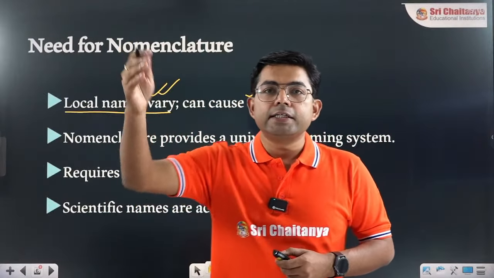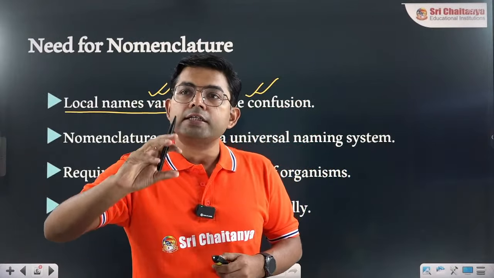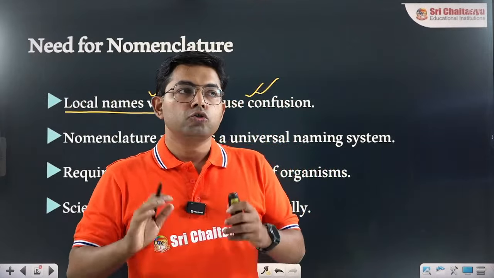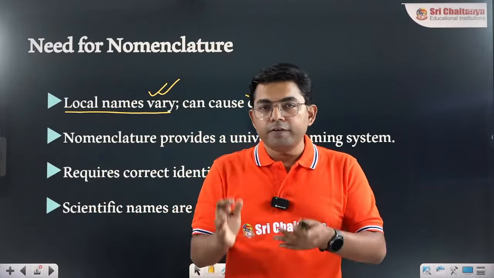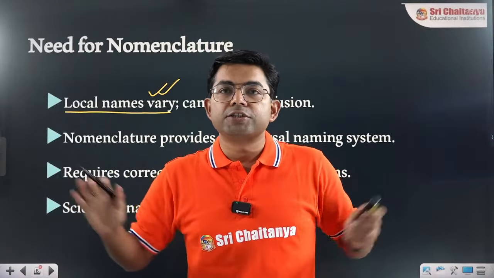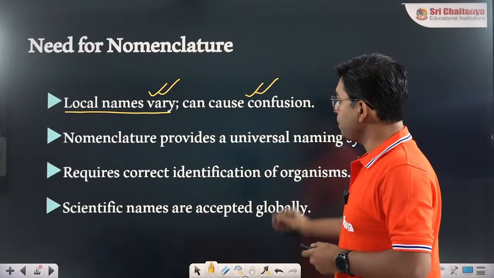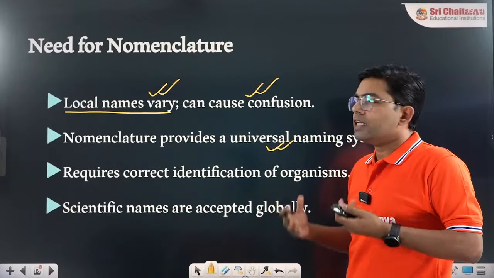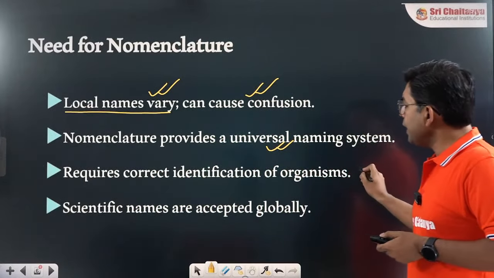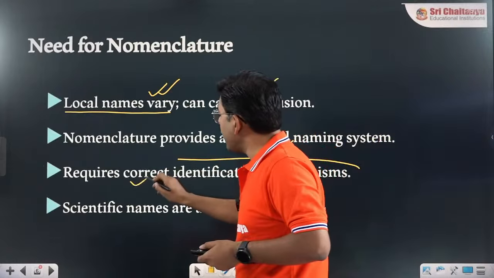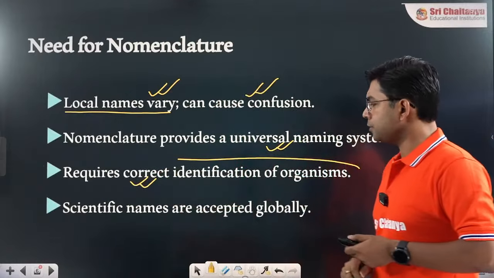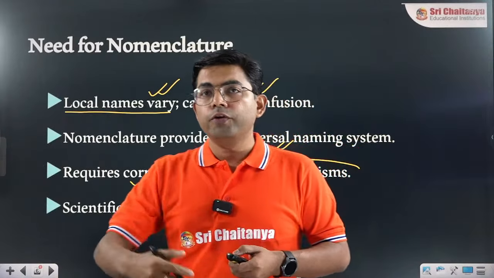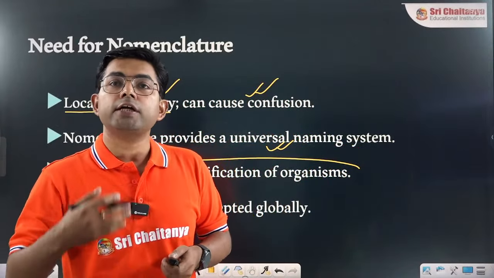If in that country that living organism is known by some other name, they will obviously get confused. So it always requires a uniform system of nomenclature. This nomenclature provided a universal naming system, and it helps in correct identification of the organism.